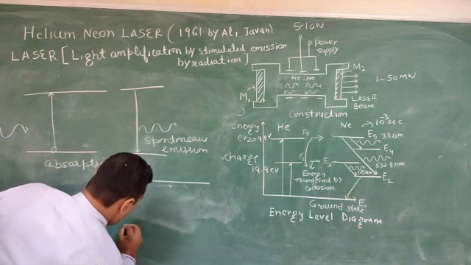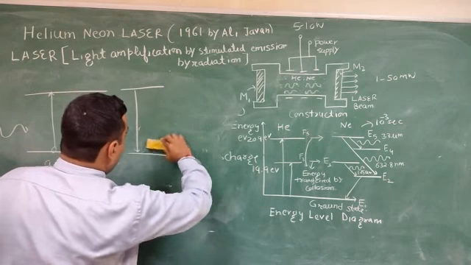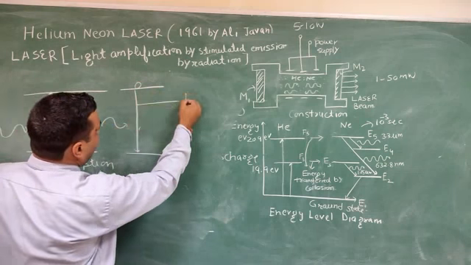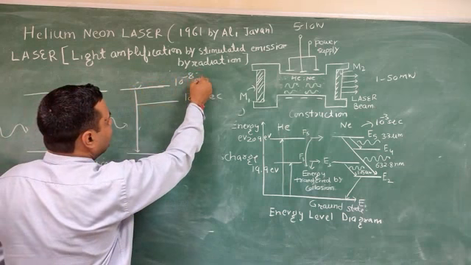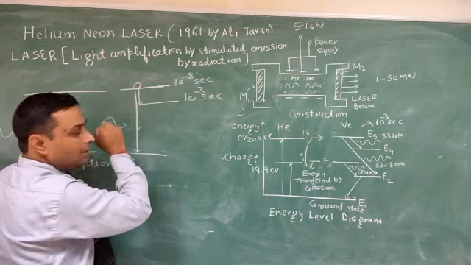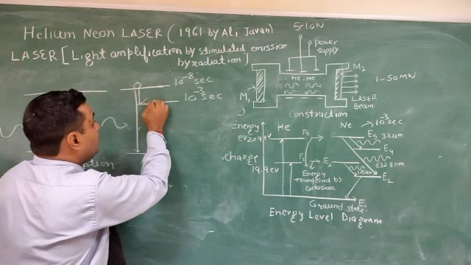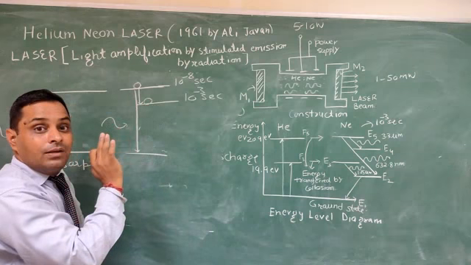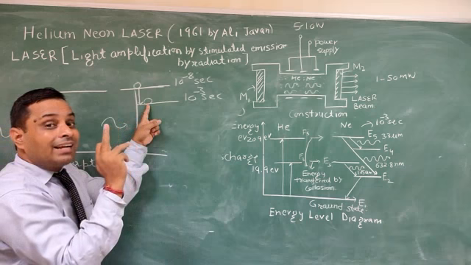And the third, the main one, is stimulated emission. Stimulated emission means that when a photon comes and there is a metastable state, another state with a lifetime of 10⁻³ seconds, while the normal excited state is 10⁻⁸ seconds. The atom goes to the excited state, comes back to the metastable state, and stays there for a long time, 10⁻³ seconds. Then the photon gets enough time to interact with this atom and just perturbs it, without changing its characteristics.